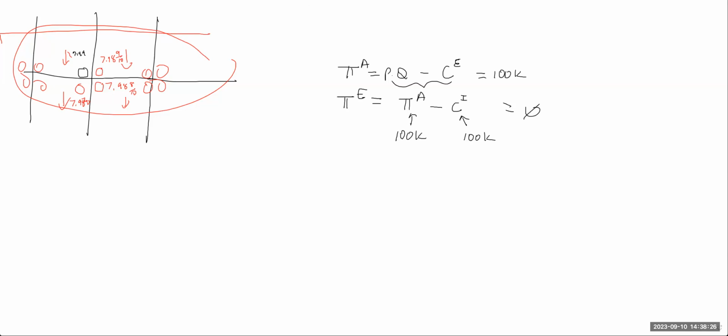All right, let me clear this. And now we're going to learn about production functions. So production and cost.